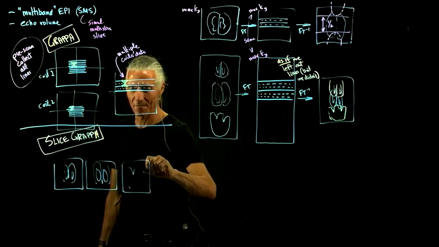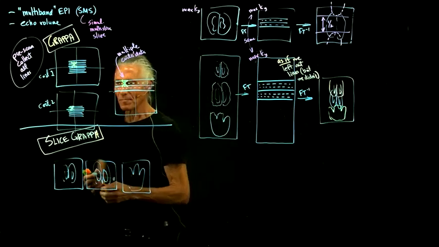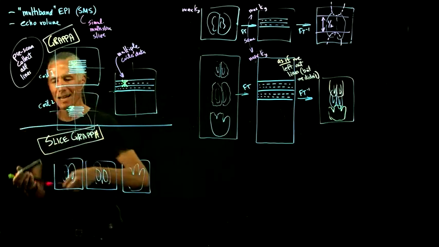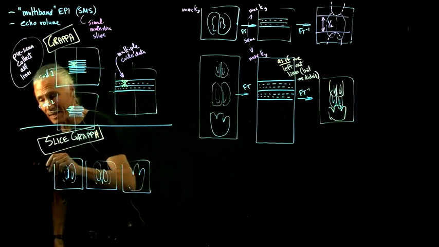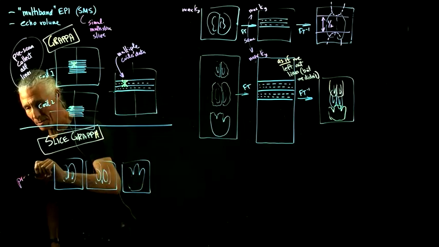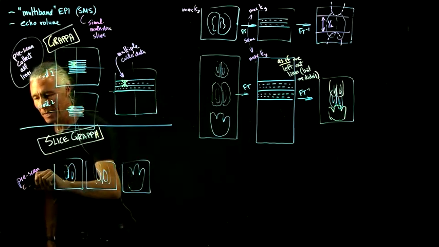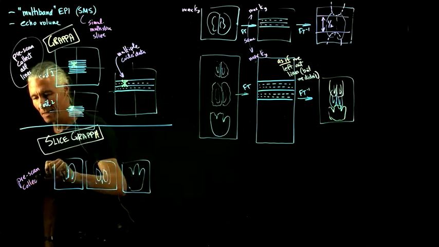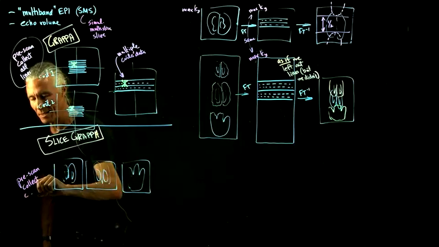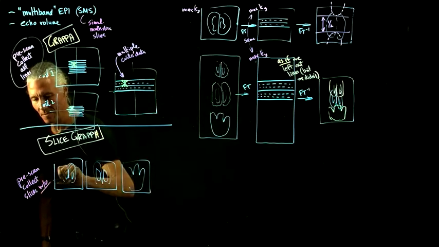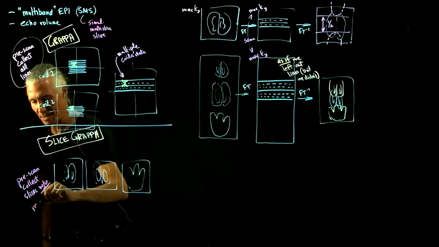So basically, a pre-scan, a scan before the main scan. Pre-scan, collect slices without multi-slice.